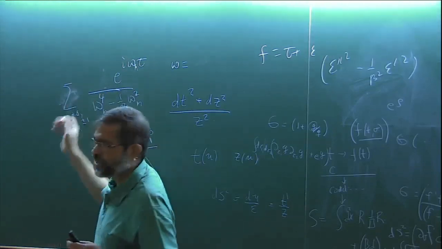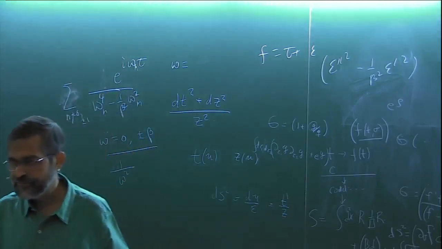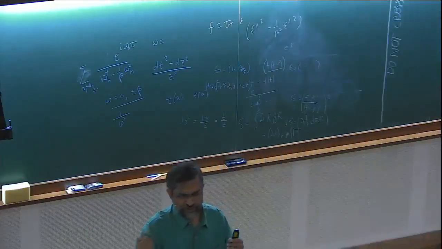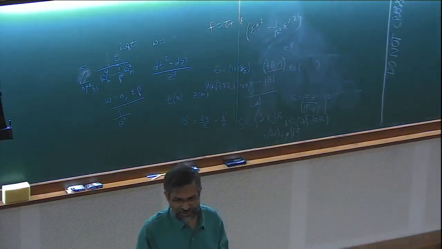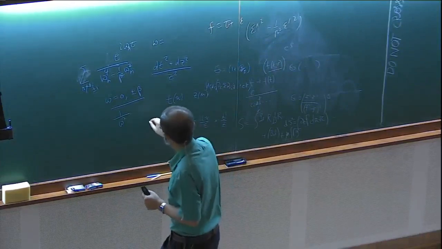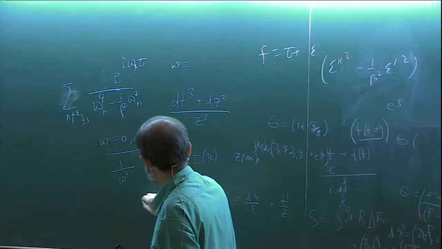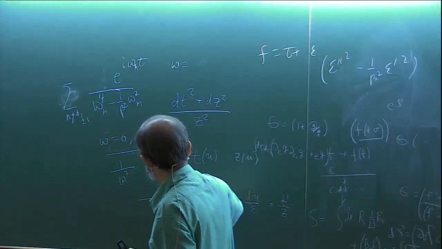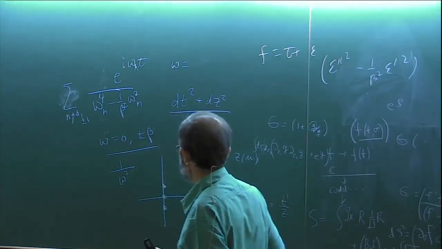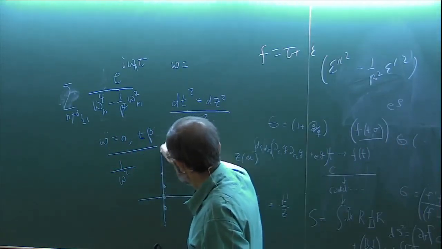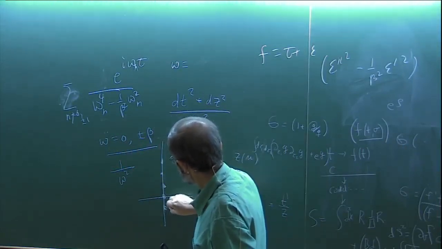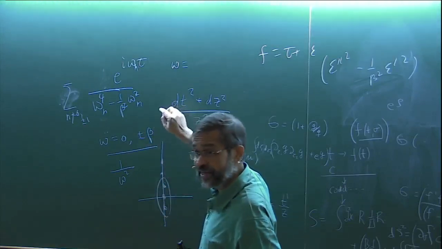And this sum then can be converted into an integral, in which you can do some contour deformations. These three guys, you are supposed to omit. Everybody else is there.